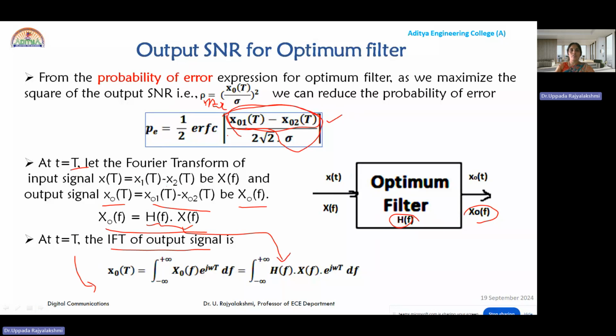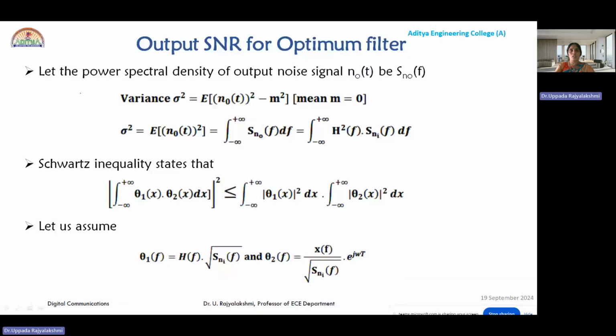So now you are well familiar with the numerator term in rho max, that is x0(t). What is x0(t) now? The integral from minus infinity to plus infinity of H(f) X(f) e power j omega t df. Let us focus on the denominator section. That is, the variance sigma square can be written as the expectation of n0(t) whole square minus the mean square.